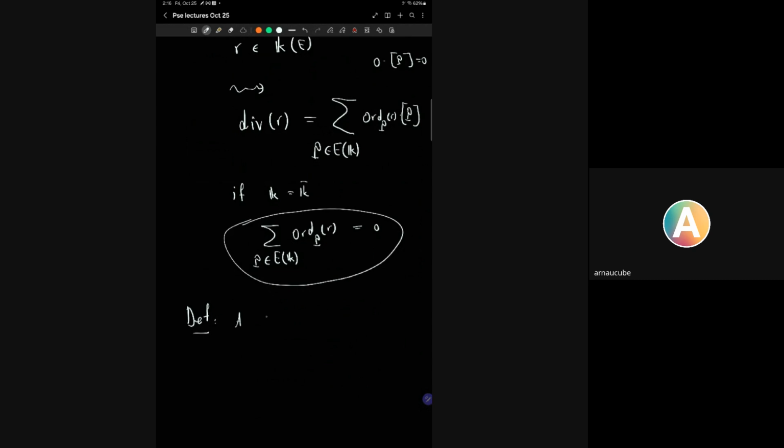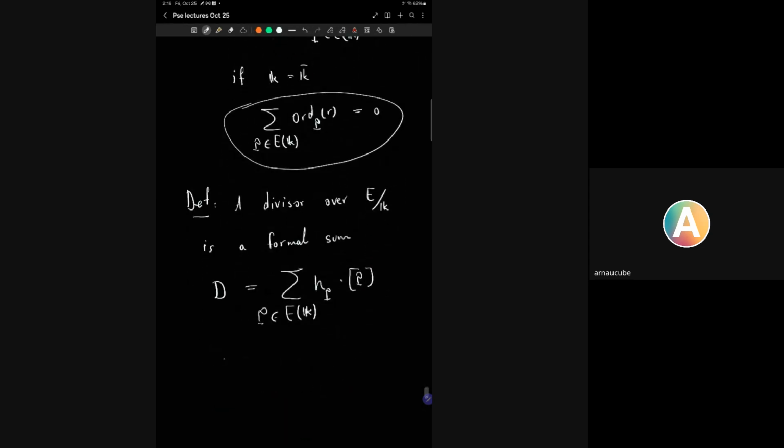So a divisor over E is a formal sum D equal to the sum of N_P bracket P, where P runs over all the points on the curve. And I have two conditions.